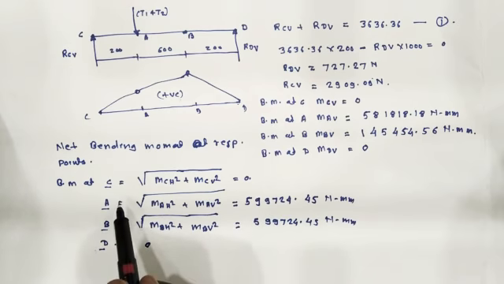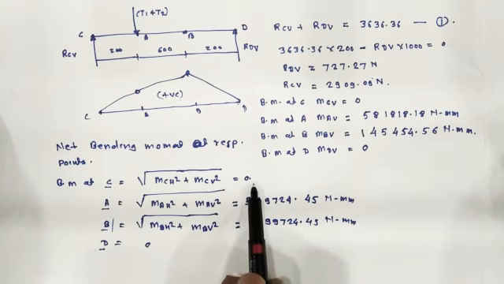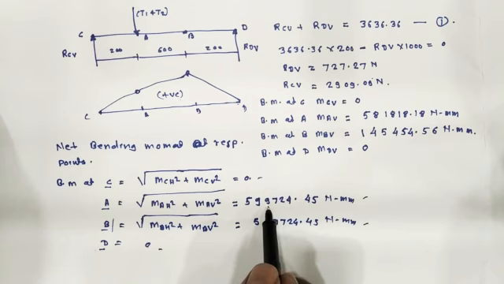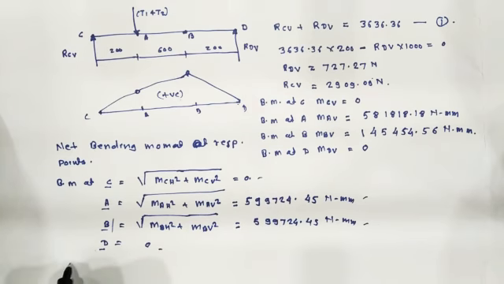But for any other problem, whatever bending moment you calculate for all these points, select the maximum value, and that will be the value of M. Here both values are the same, so M is equal to 599,724.45 Newton mm.